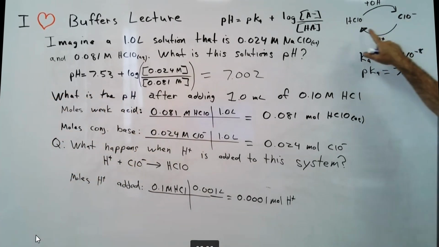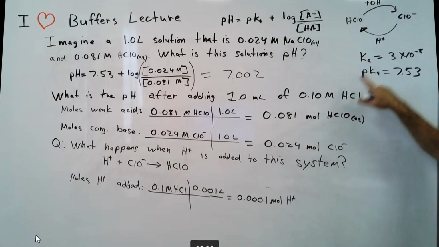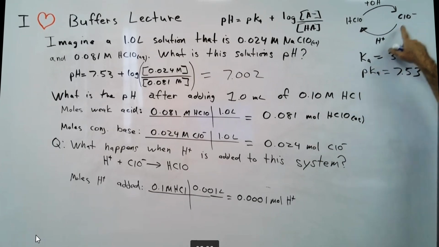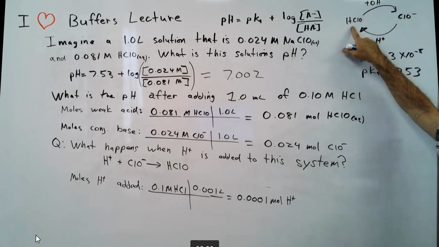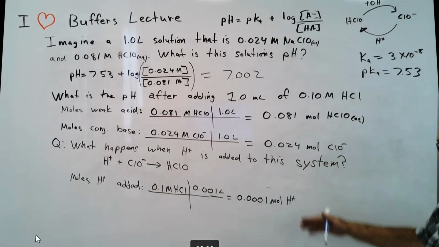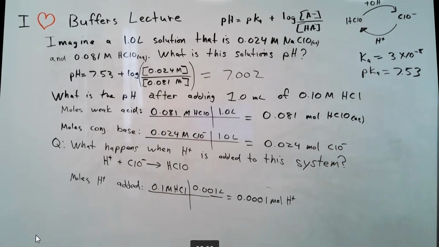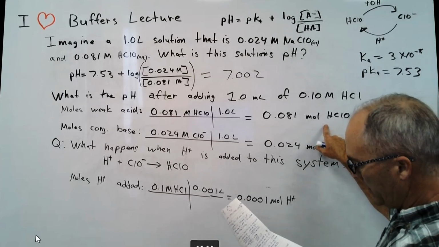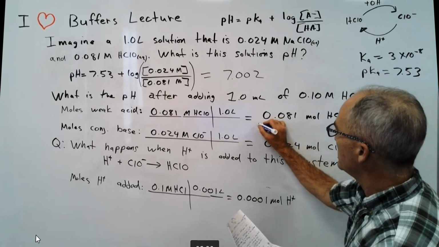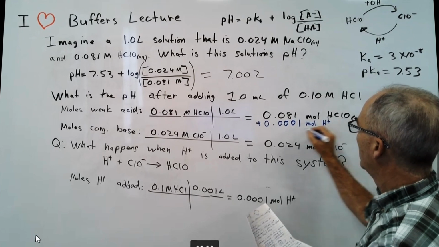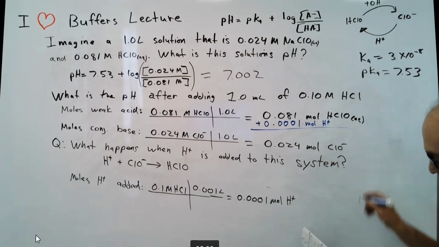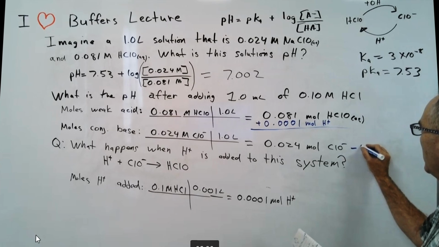So if I wrote down my moles here, I have it here, but adding a certain amount of moles of this is going to deplete that and add some of this. So I should have just left myself a little more space there. My moles of this is going to increase by that amount. And this thing here is going to go away by that amount.